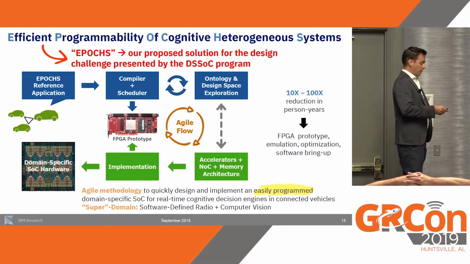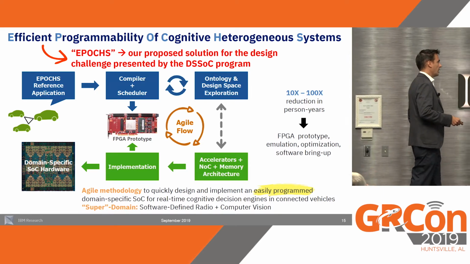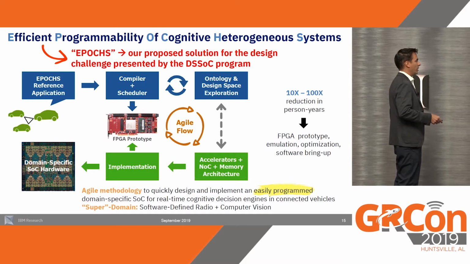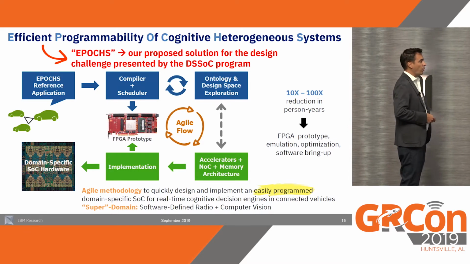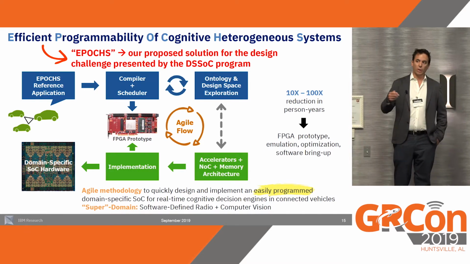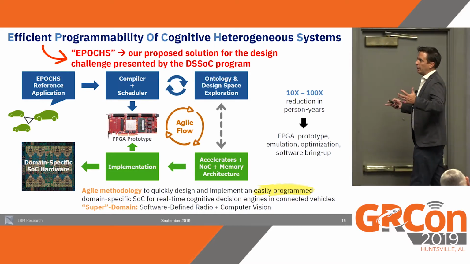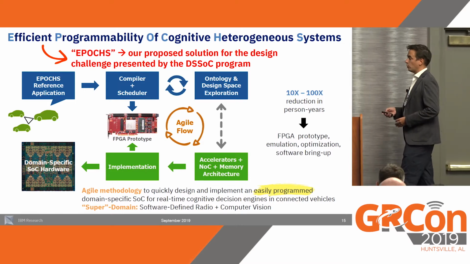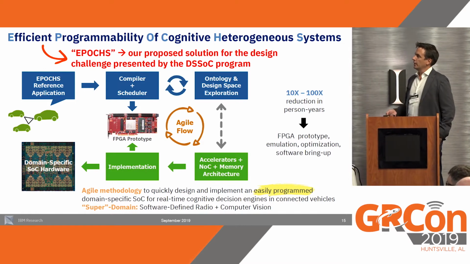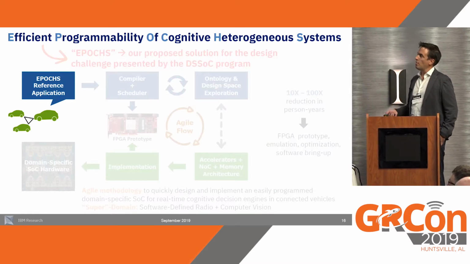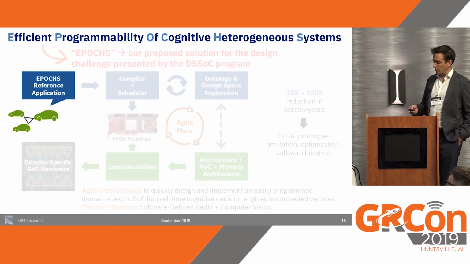We are also implementing a novel hardware development methodology that at the beginning will involve FPGA prototyping, but we also plan to tape out this chip. It's a relatively large project that I cannot cover fully, so today I will focus on only one piece, which is this EPOX reference application.